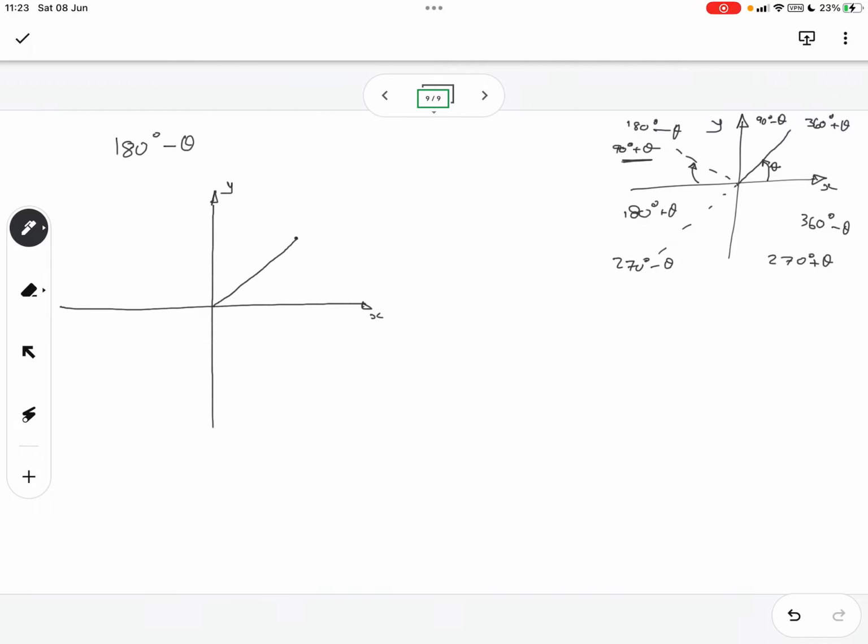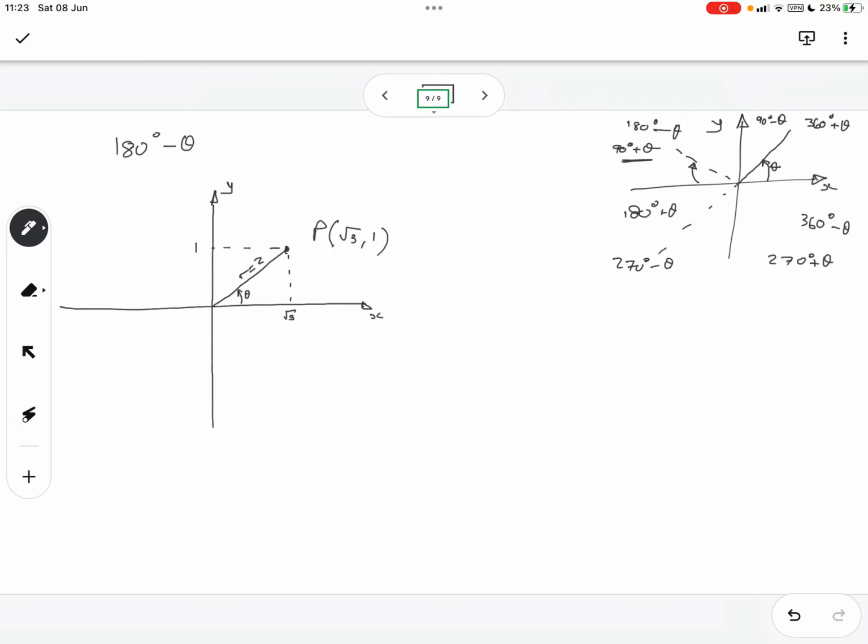So we've got an xy plane, x, y, and we've got an angle there, and the point P. Point P is (square root of 3, 1). So square root of 3, 1. And this radius is 2.